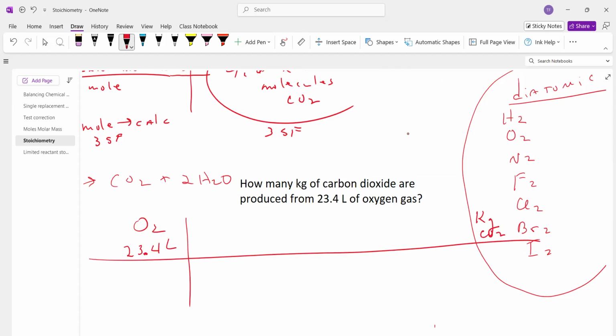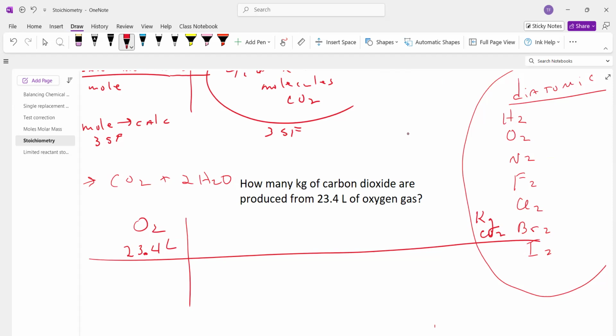And we've already done liters to grams. So we just have an additional step of going grams to kilograms. How many grams are in a kilo? 1,000. 1,000 grams in a kilo.